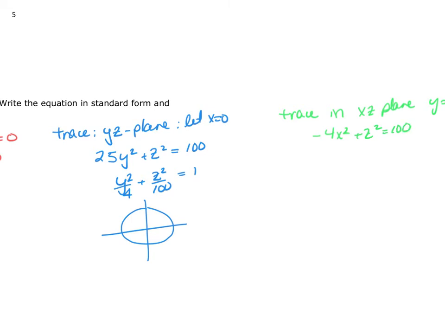So we have negative x squared over 25 plus z squared over 100 is equal to 1. So the trace in the xz plane is again a hyperbola. We're going to be hugging the z-axis. So this is my z-axis, this is my x-axis.